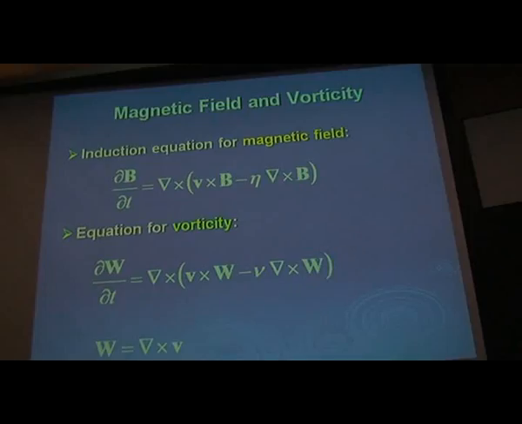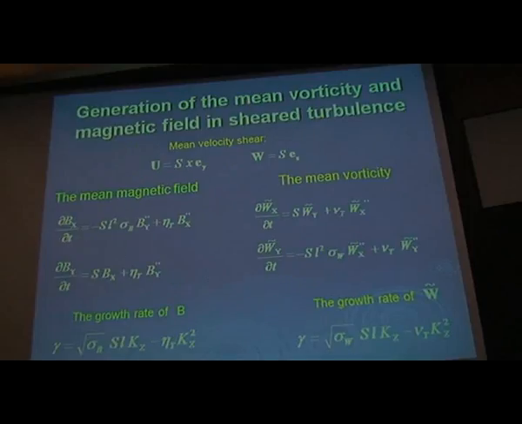But there is a similarity. We use the same setup: a large-scale shear velocity in the y direction which depends on x, so the background vorticity is in the z direction.